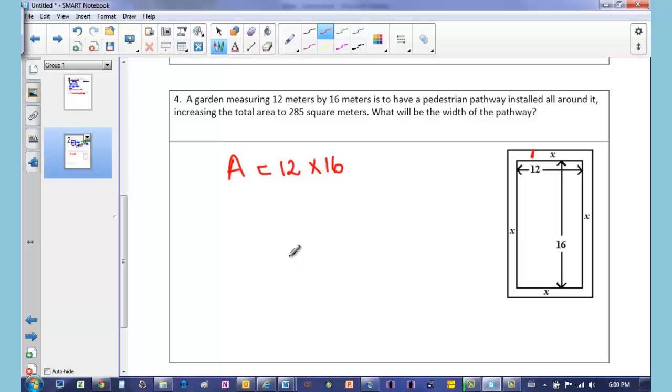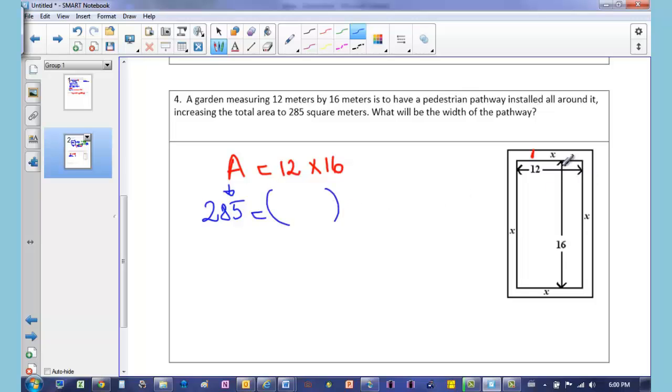However, we have decided to put a uniform pathway all around it, and the width of this pathway is x all around. The new area for this garden will be 285 square meters, so it grows to 285.